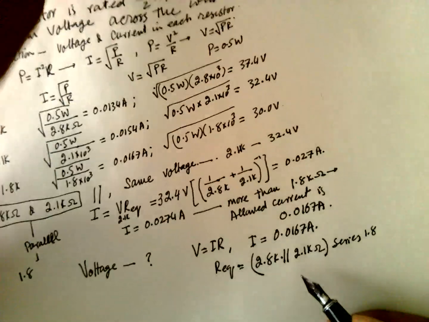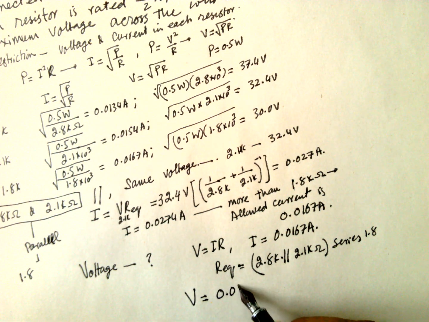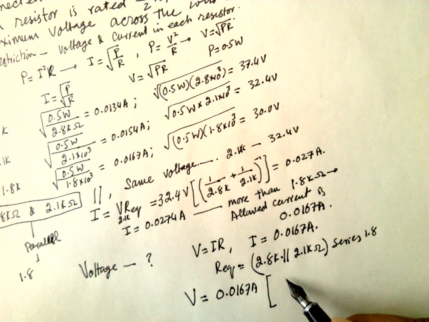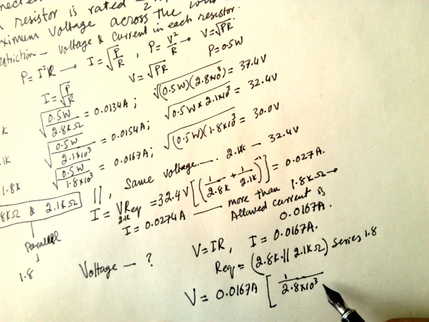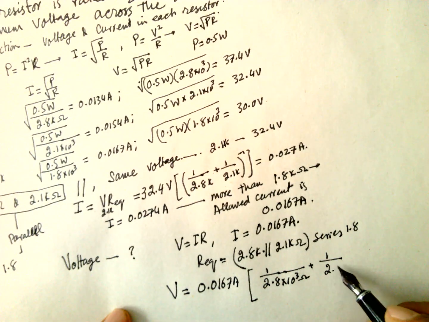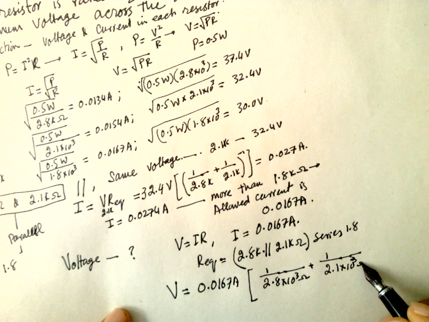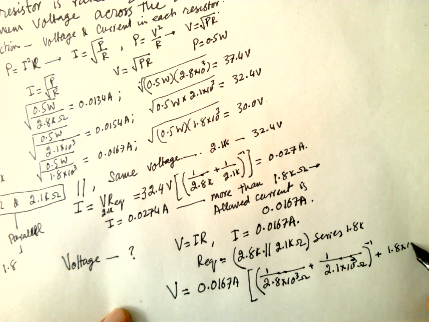So the voltage is equal to 0.0167 amp times this one: 1 over 2.8 times 10 to the power 3 ohms plus 1 over 2.1 times 10 to the power 3 ohms, inverse, plus 1.8 times 10 to the power 3 ohms.